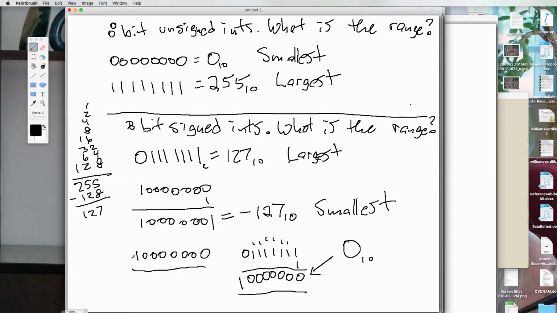Turns out that if you're going to consider 8-bit signed ints, there are 2 ways to say 0. This is one way to say 0. This is the other way to say 0. And if you take this and calculate the 2's complement of it, you're going to get the same thing right back again. So there are 2 ways to say 0 here, and here are the ranges on our 8-bit signed integers.